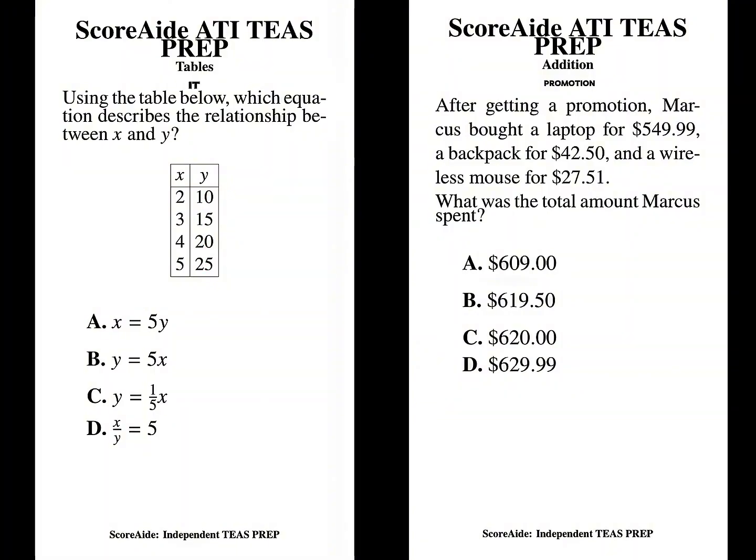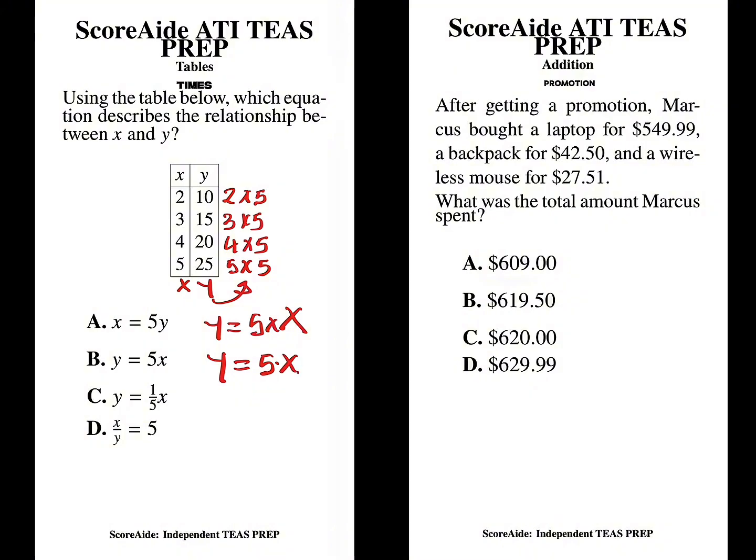Look at it, we have 2 times 5, 3 times 5, 4 times 5, and then 5 times 5. So if this is x and this is y, it means that y is just equal to 5 times x.